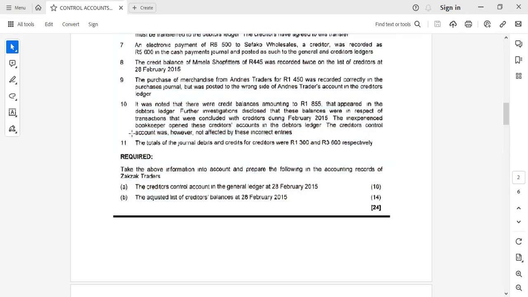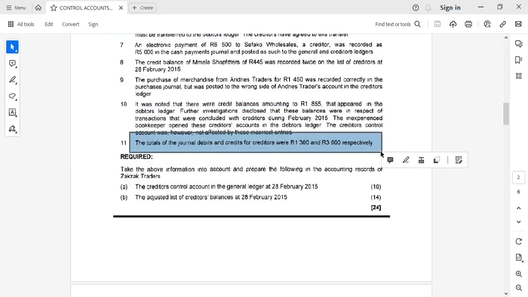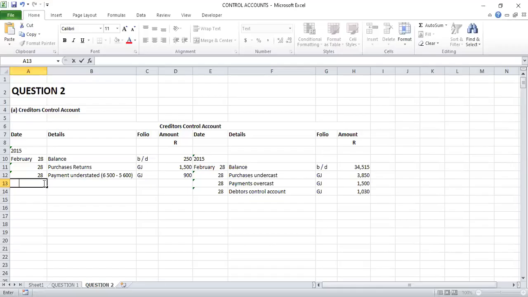Then the last one, the totals of general debits and credits for creditors were 1.3 and 3.6. So the general debits, we record them on the debit side. The general credits, we record them on the credit side of the control account. So we have general debits, general 1,300.